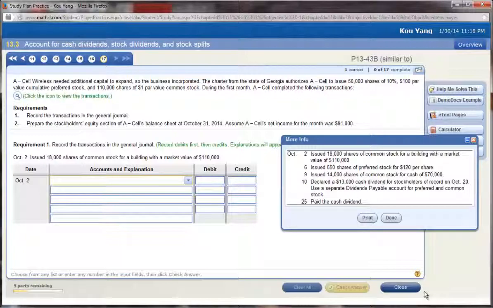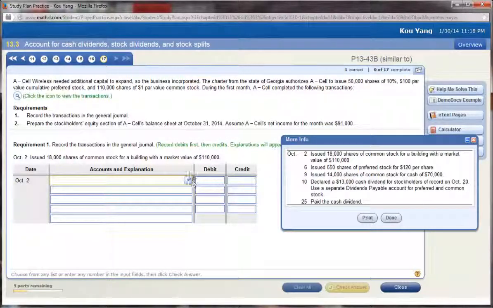On October 2nd, they issued 18,000 shares of common stock for a building with a market value of 110,000. Like the other homework problems we've been doing, we've mostly been issuing common stock or some form of stock in exchange for cash. And I think we did have one for a patent.